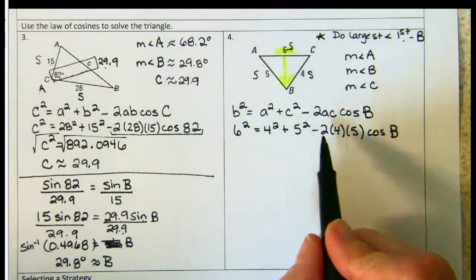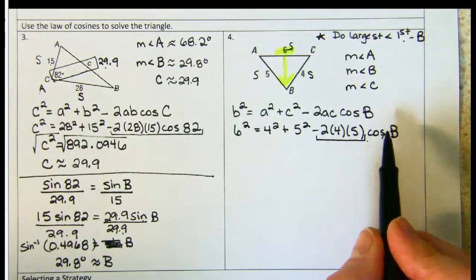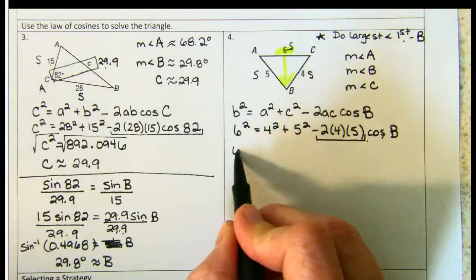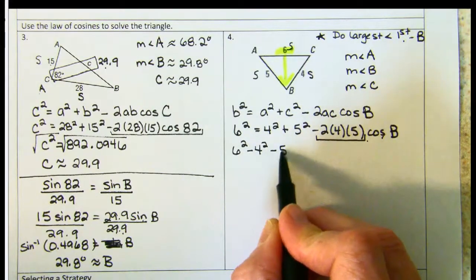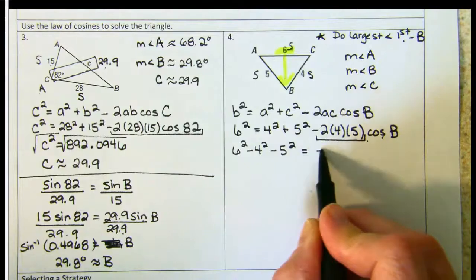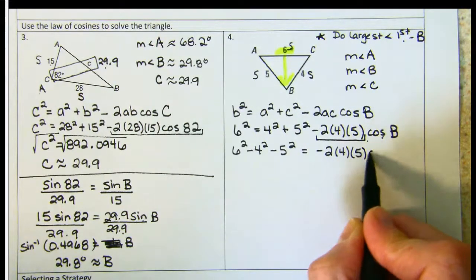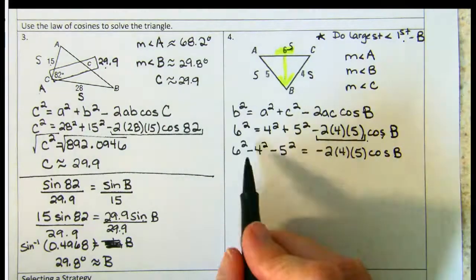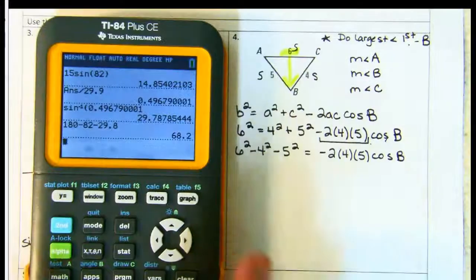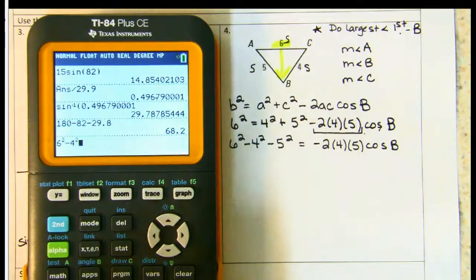Now, I need you to know that this is attached to cosine B. So the first thing we're going to do, we are going to subtract 4 squared, and we are going to subtract 5 squared, and that is going to equal 2 times 4 times 5 cosine B. Okay? So this right here on the calculator, you're just going to let the calculator do this work for you.